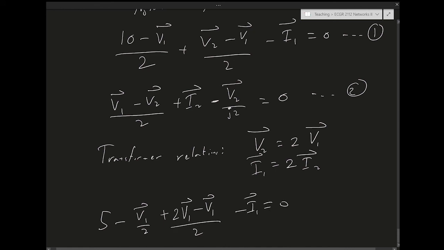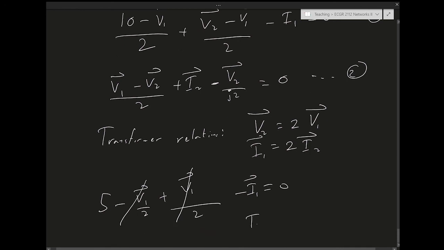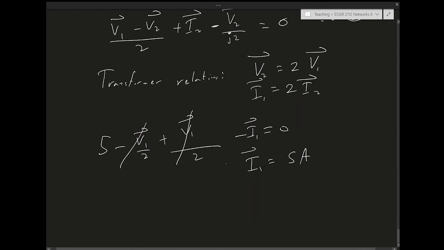But 2V1 minus V1 is going to be just V1, so it's going to be V1 over 2. So V1 over 2 cancels with minus V1 over 2, and we end up with I1 equals 5 amps. That's our first solution. And then I2, of course, is going to be half I1, so it's going to be 2.5 amps.